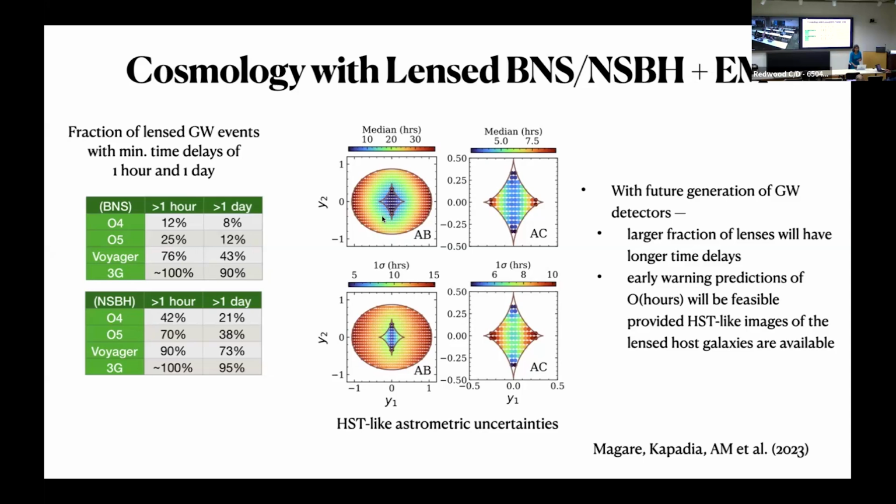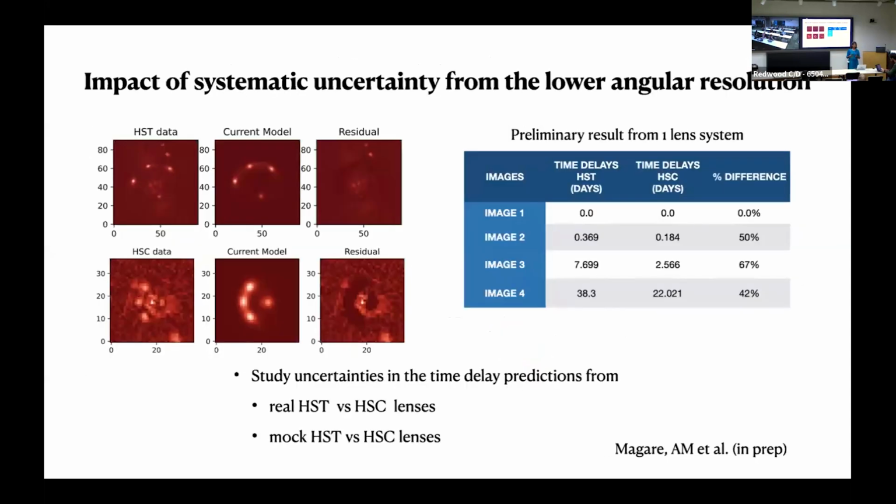Of course, we would like to do this with more realistic scenarios, which means we would like to work with ground-based resolution or ground-based astrometric uncertainties. So more recently, we have tried to do this analysis with lens systems which are common to both HST data quality and ground-based data quality. These are systems identified from the HSC survey.